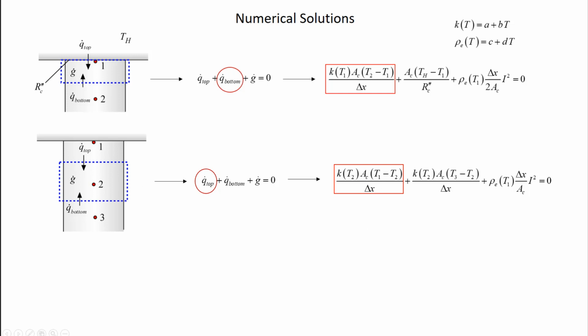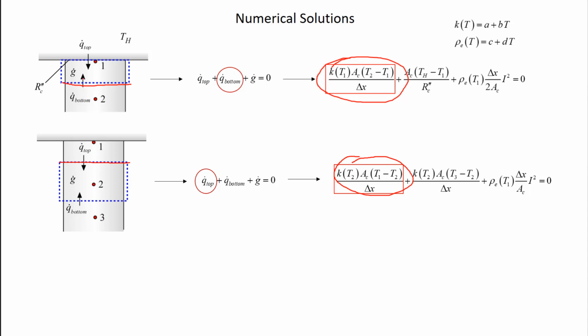So the point that I'm trying to make here is that this equation here is the energy transfer across this boundary as I'm doing an energy balance on node 1 looking down, right? This equation here is the energy transfer across the same boundary, but now I'm doing an energy balance on node 2 looking up, right?